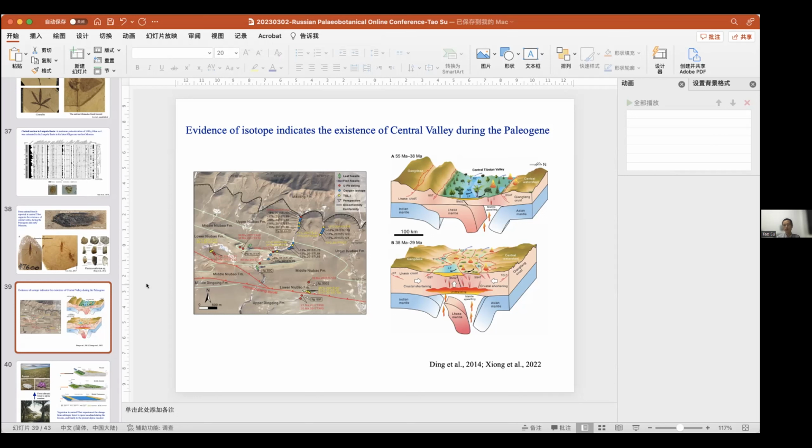And during the Neogene, because of the uplift of the Himalaya in the southern part of the Tibetan plateau, the Himalaya stopped most moisture from the Indian Ocean, and then the central Tibetan region became drier and drier.